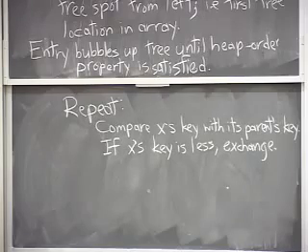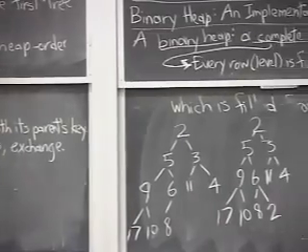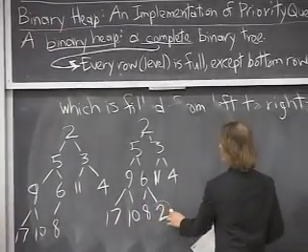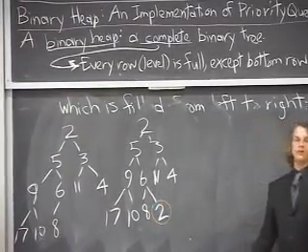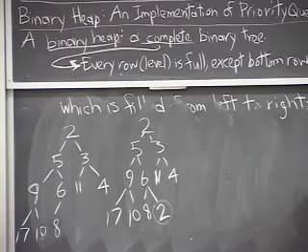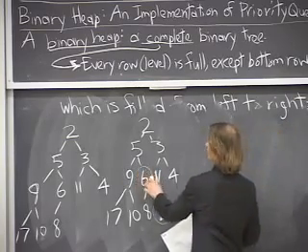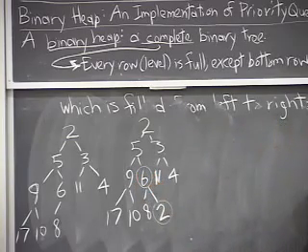So, for instance, in this example, x is the new node with key 2 that we've just inserted, and its parent has a key of 6. So we're going to swap those two entries.